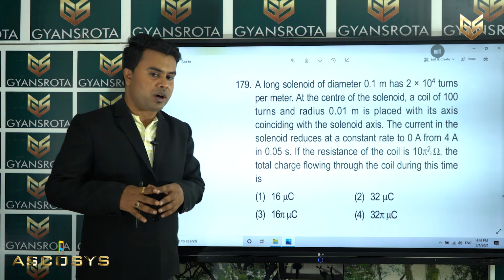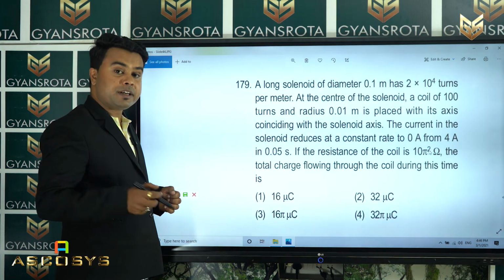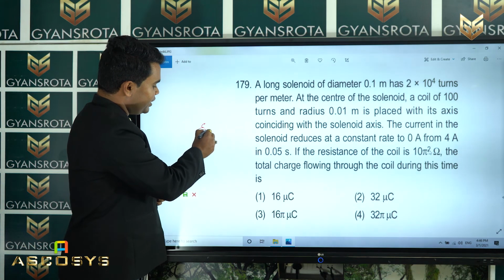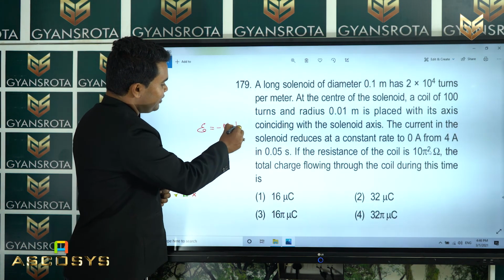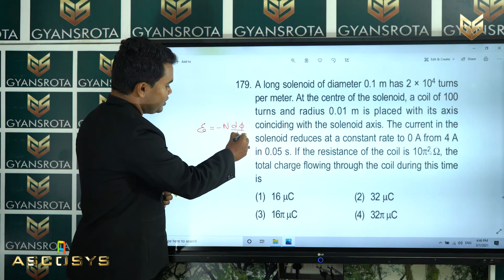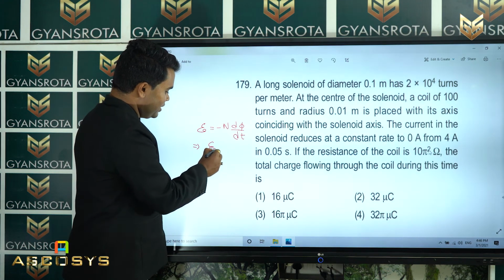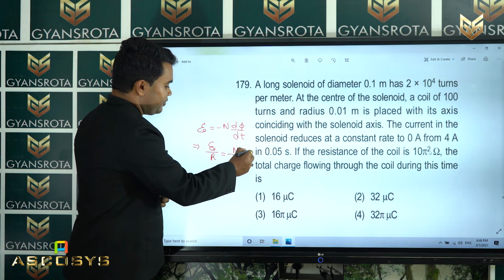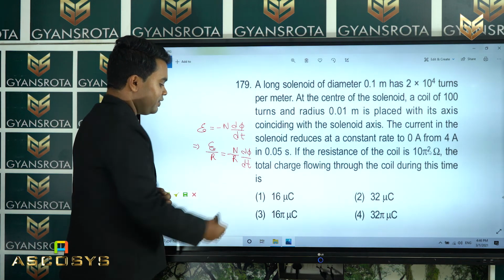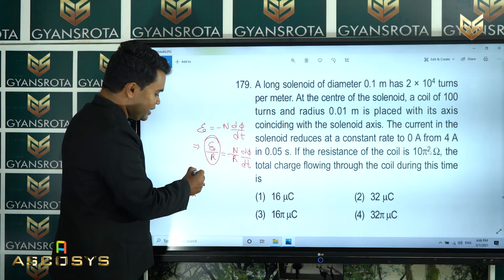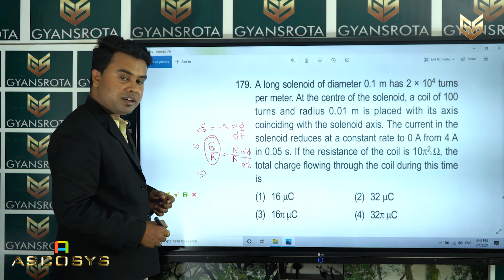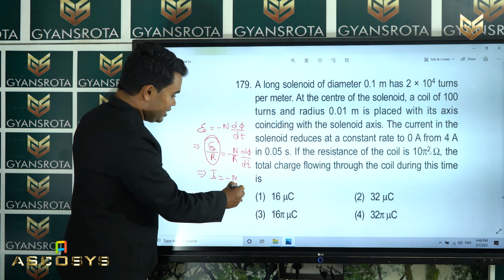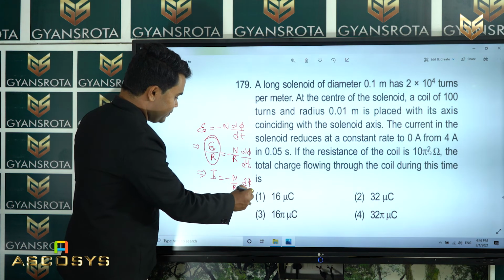So, how do you do this one? This is from the chapter electromagnetic induction, where EMF induced is equal to minus n d phi by dt. So, if I put E by R, it will be equal to minus n by R d phi by dt. The values are supplied to you. E by R is nothing but your current I, equal to minus n by R d phi by dt.